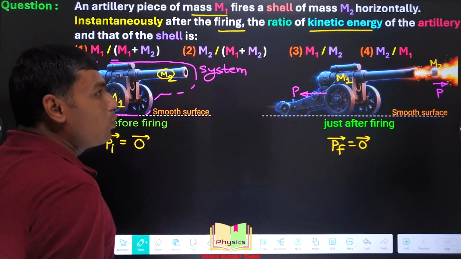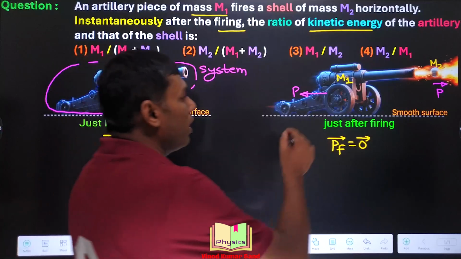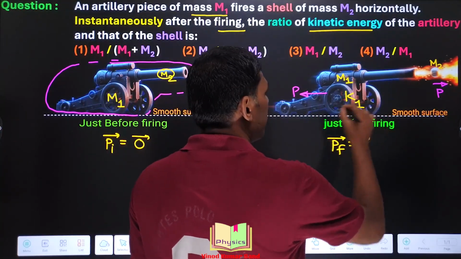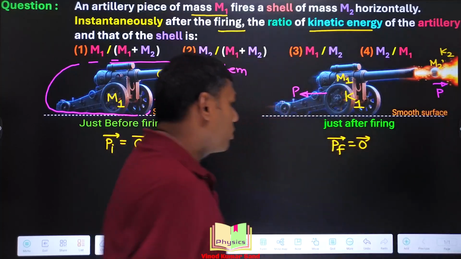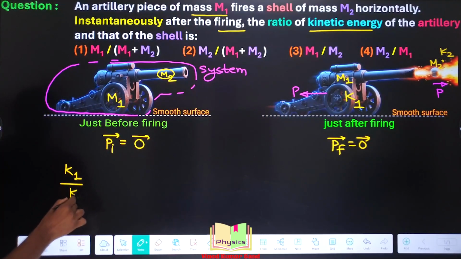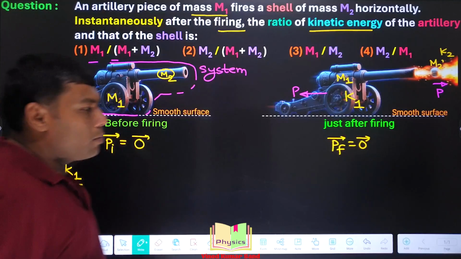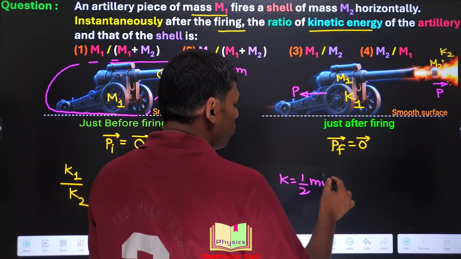Now, we need the ratio of the kinetic energy. Let's call the kinetic energy of the artillery K1 and the kinetic energy of the shell K2. So basically, we are going to obtain K1 by K2. There is a formula in physics: kinetic energy is equal to half mv square.